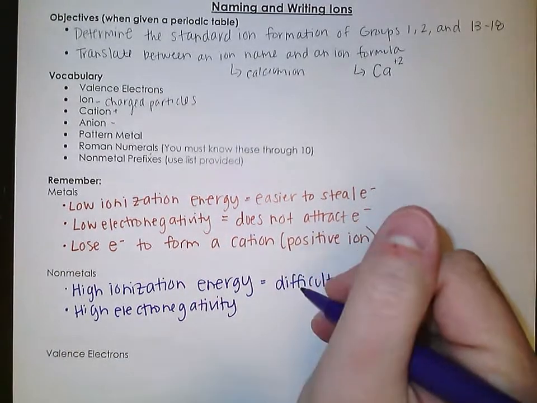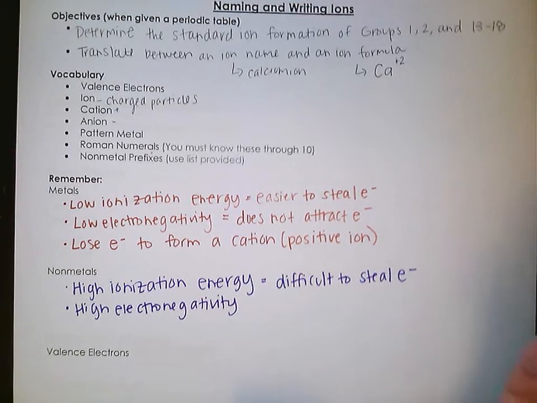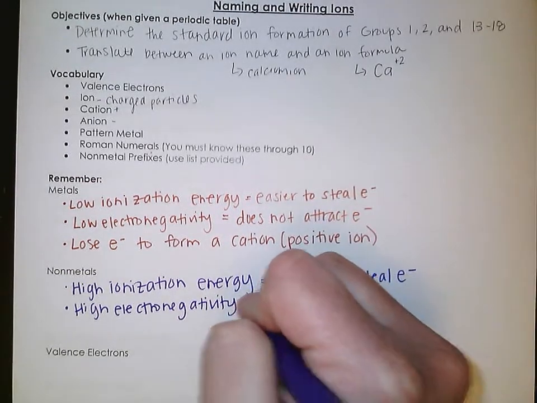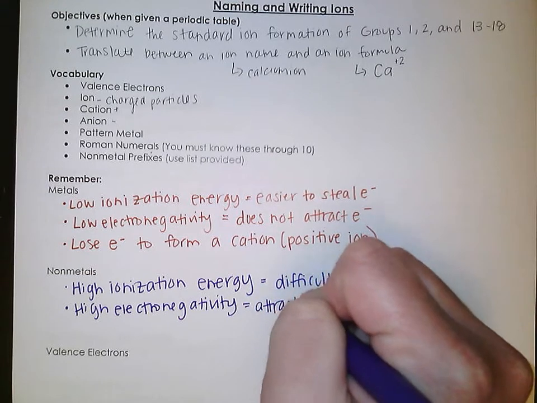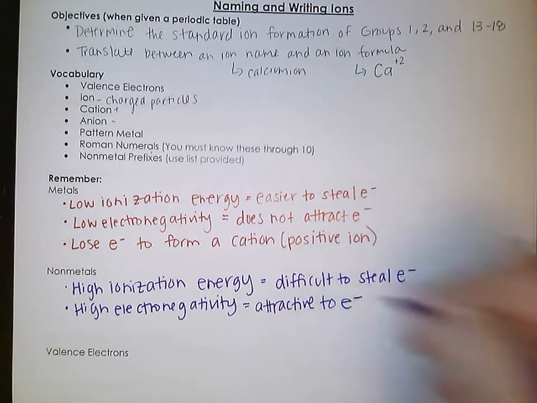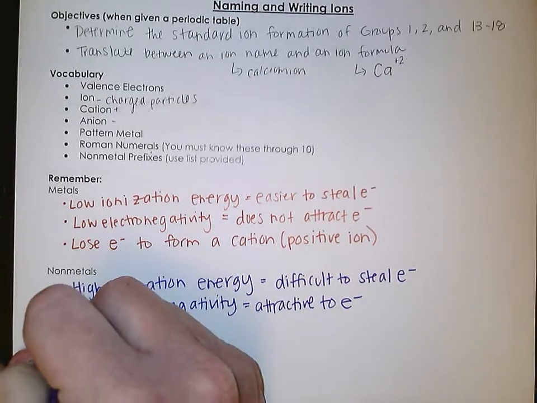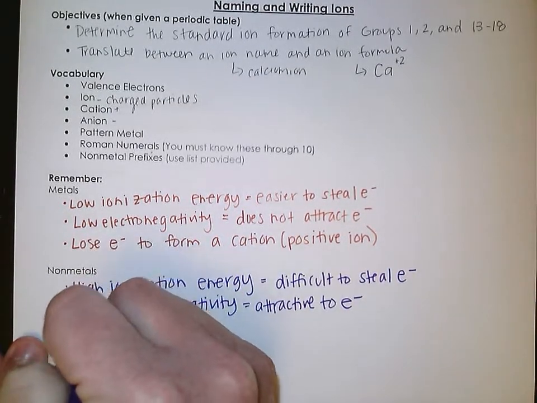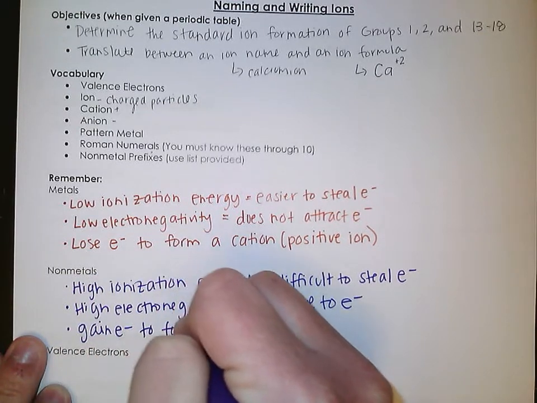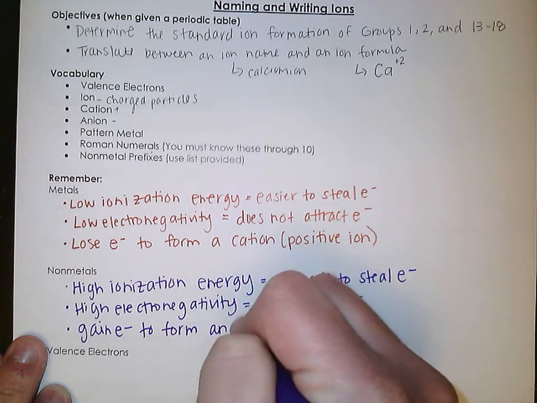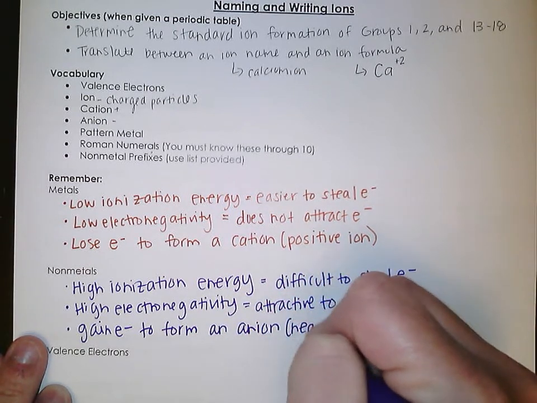Remember, fluorine has that 4.0. It's the highest of the high, and that is a nonmetal. So it is attractive to electrons. And both of these things help us understand why nonmetals are going to gain electrons to form an anion, which remember is a negative ion.